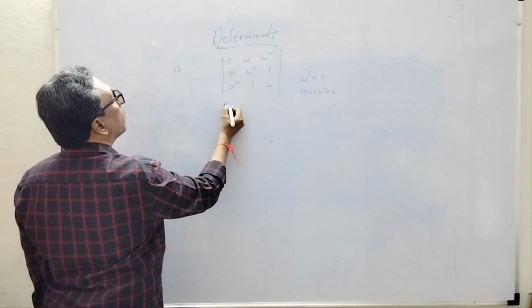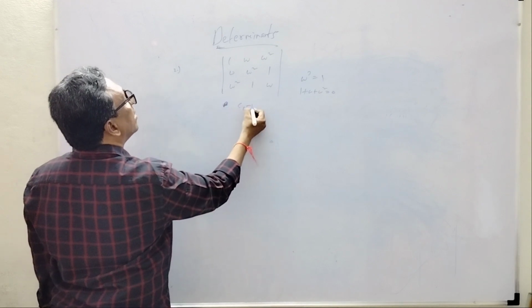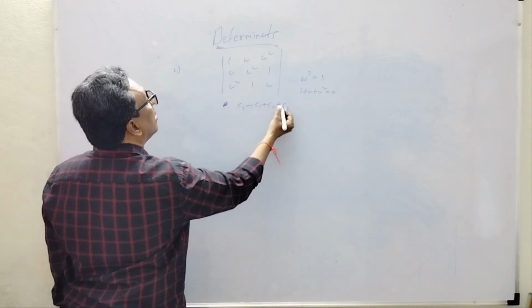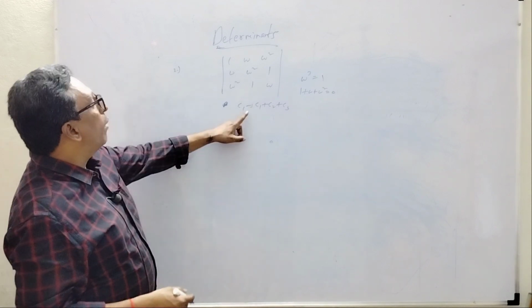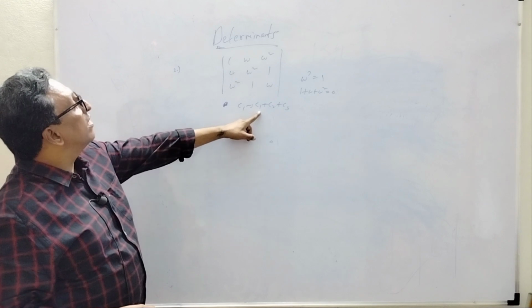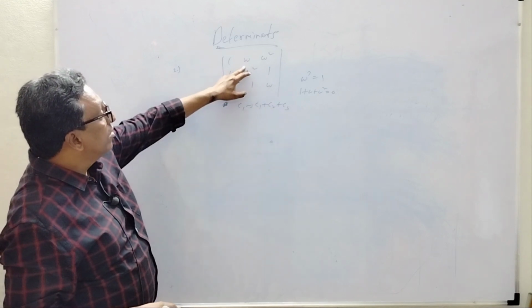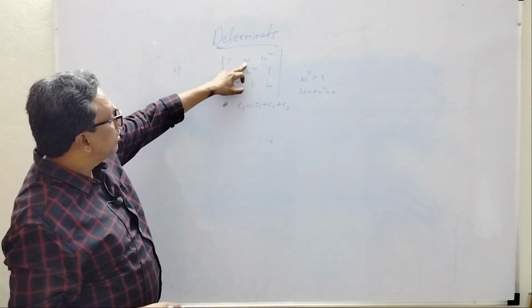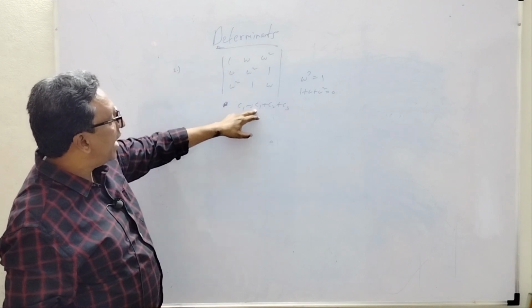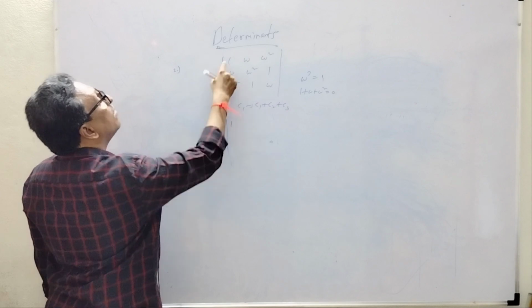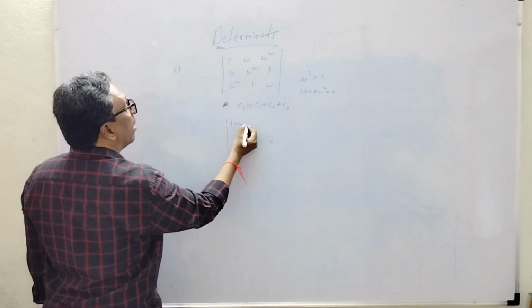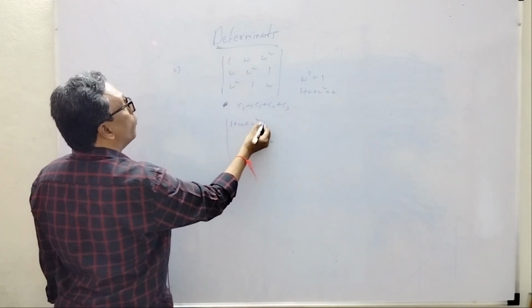Here I am writing C1 goes to C1 plus C2 plus C3. What is the meaning of C? C is the column. So I am applying the operation C1 goes to C1 plus C2 plus C3. In the place of C1, we add C1, C2 and C3. Here C1 is 1, C2 is omega and C3 is omega square.